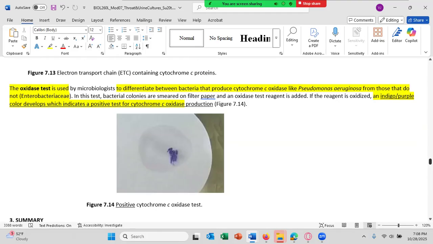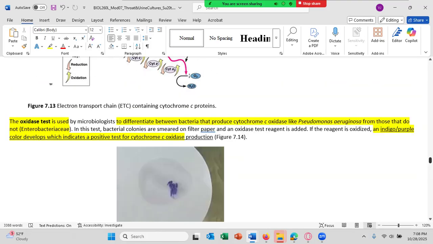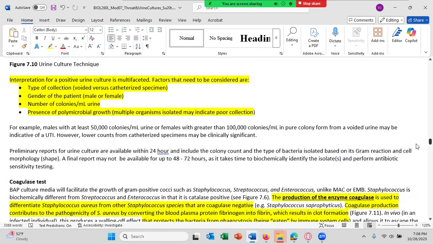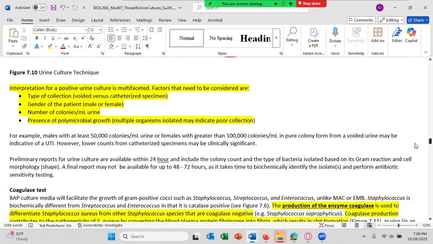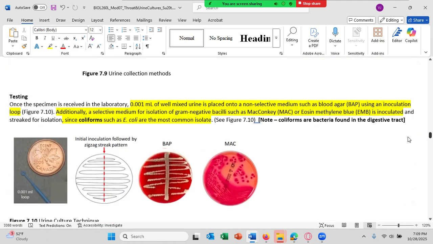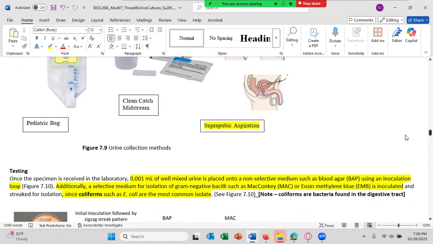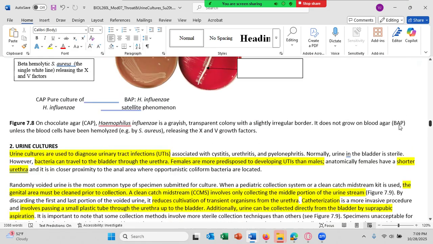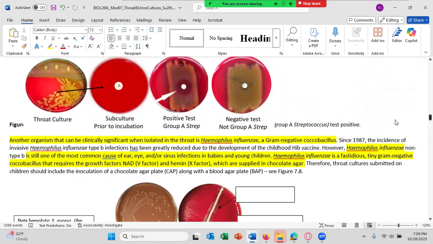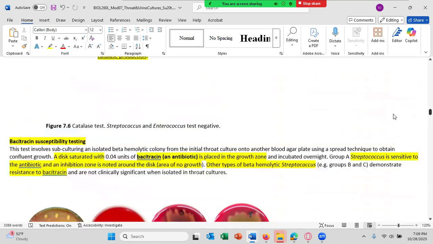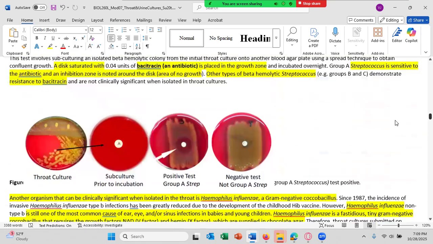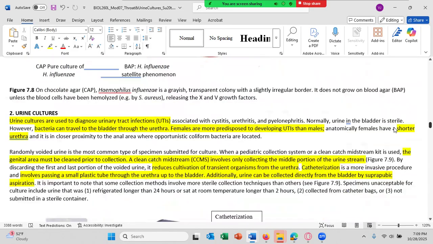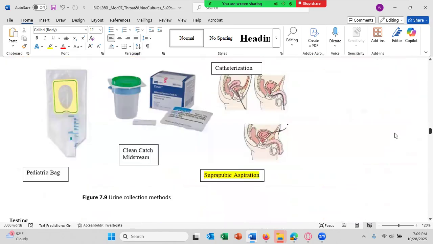All right. Let me step back. I forgot to talk about Staphylococcus aureus and why, if it produces coagulase, that's potentially a problem for the patient. Where the heck is that? Here it is.